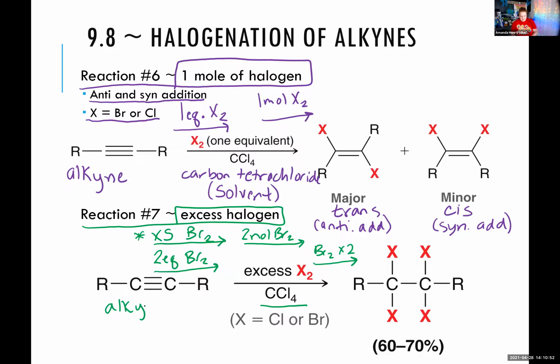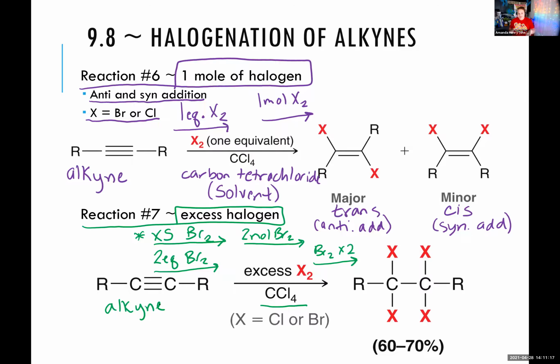Obviously starting with an alkyne there. Both of these are shown with an internal alkyne, but they would work the exact same if we had a terminal alkyne. So either or, it wouldn't matter. When we do this reaction, we're going to add our halogen, whether it's bromine or chlorine, twice.